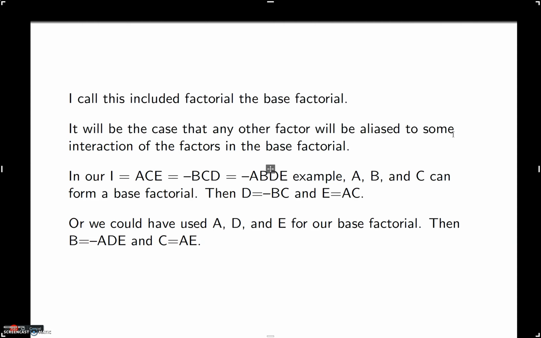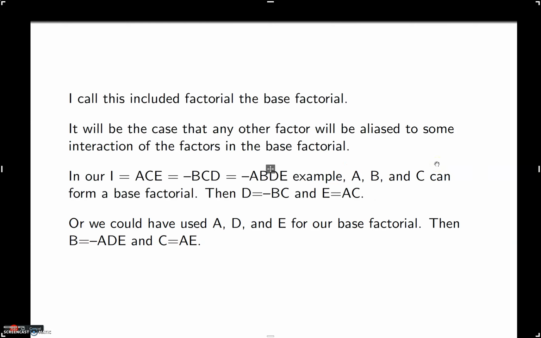So going back to our example here, I won't read through all the terms again. A and B and C can form a base factorial. So in this case then, D is equal to negative BC and E is equal to AC. So notice D and E can be generated by A and B and C.